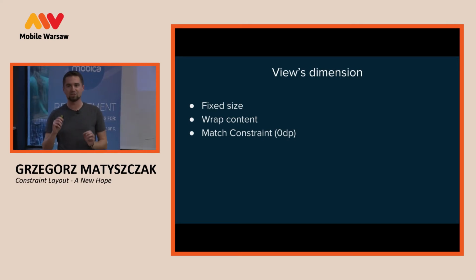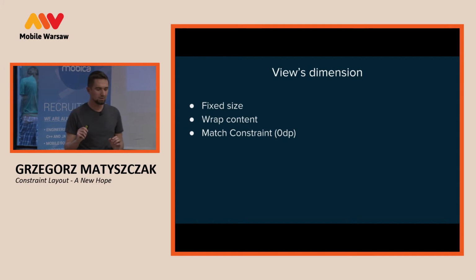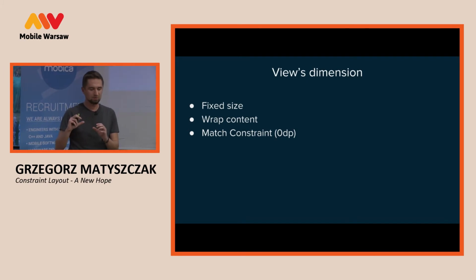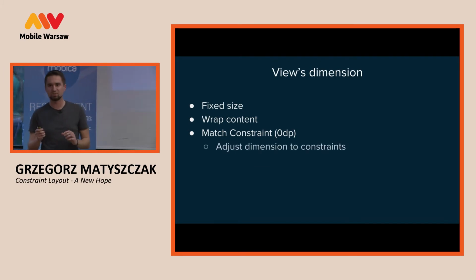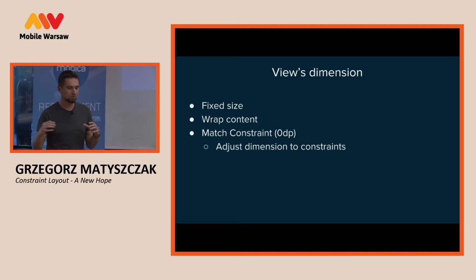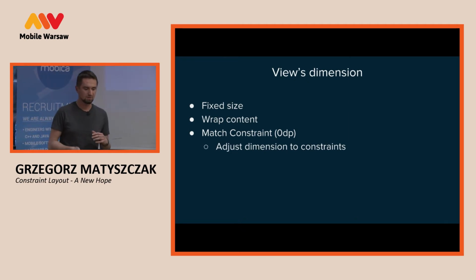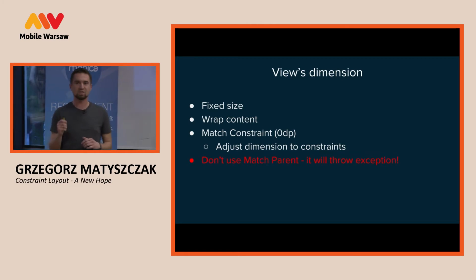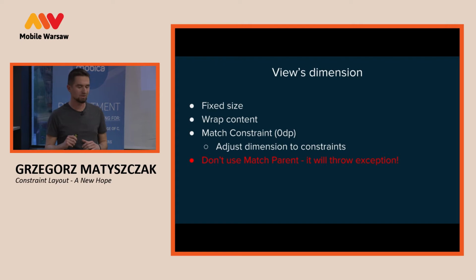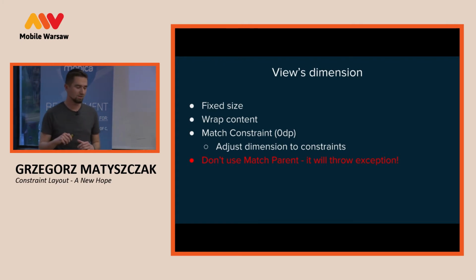If you simply put 0 dp in the view in our layout, it means that it will spread in the available space. So it will adjust to the constraints. And this is instead of match parent, because we actually don't have a match parent attribute in the constraint layout anymore. If we use it there, since the last version, it's going to throw an exception. So better not to use it.